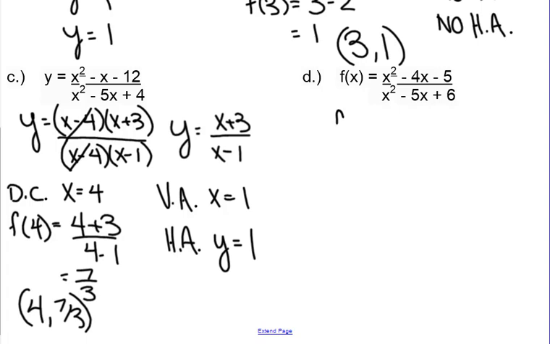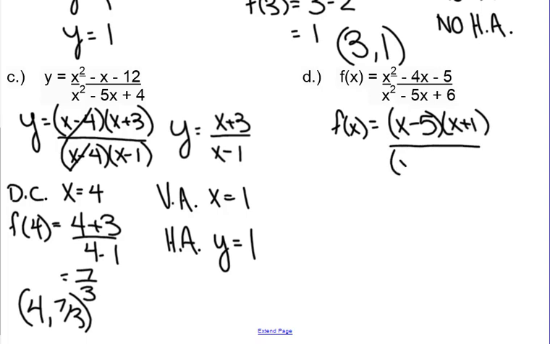Our next graph, f of x is equal to (x - 5)(x + 1) over (x - 3)(x - 2). We have no common factors, so no discontinuities or holes.